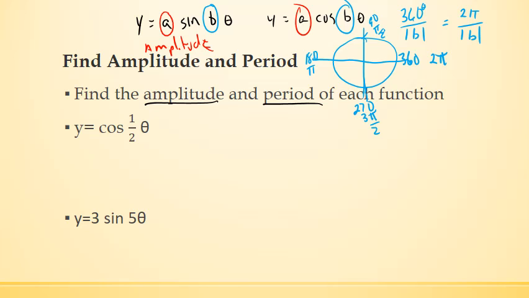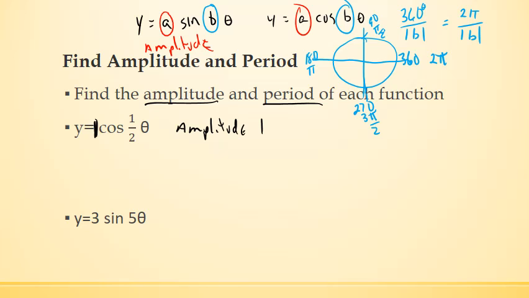All right, so having said that, we're asked here to find the amplitude and period of each function. So this first function, we've got y equals the cosine of 1/2 of theta. Our coefficient in front of this cosine really is 1, and so we can say that the amplitude is 1. In other words, it's going to go as high as 1 and down as low as -1 on the coordinate plane.